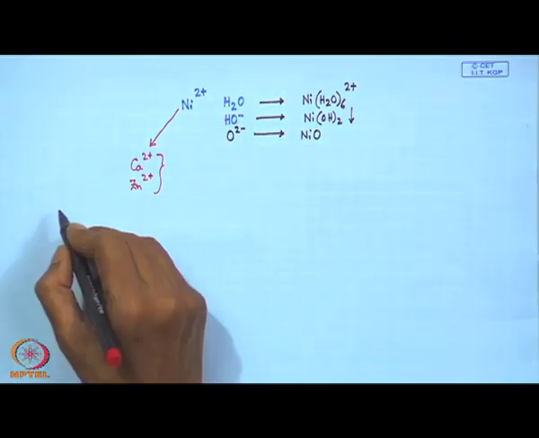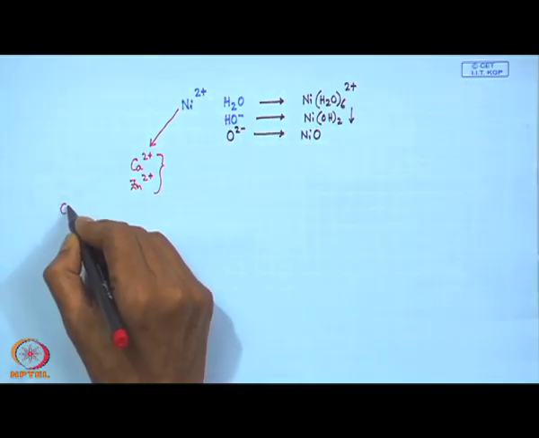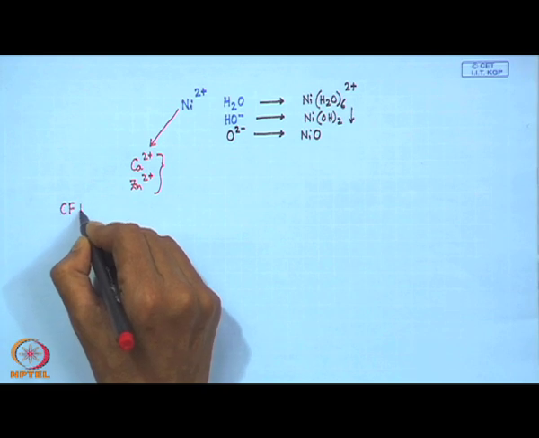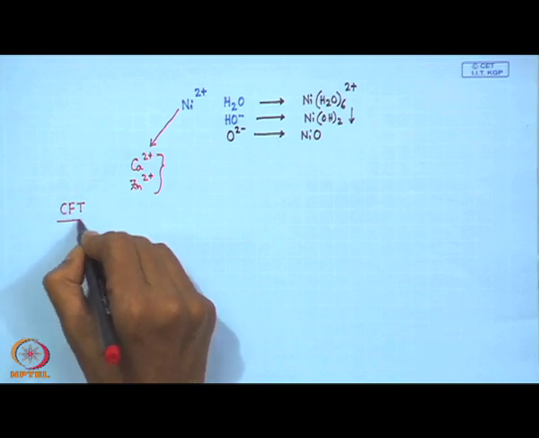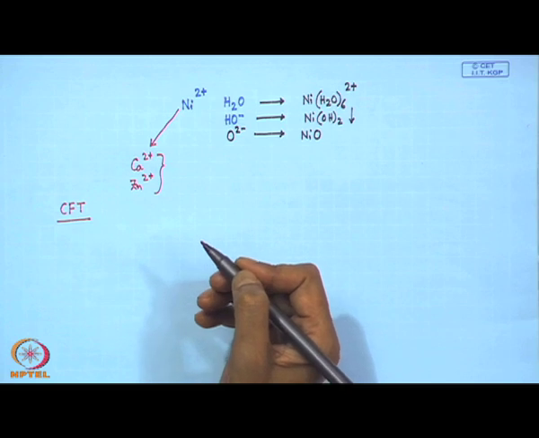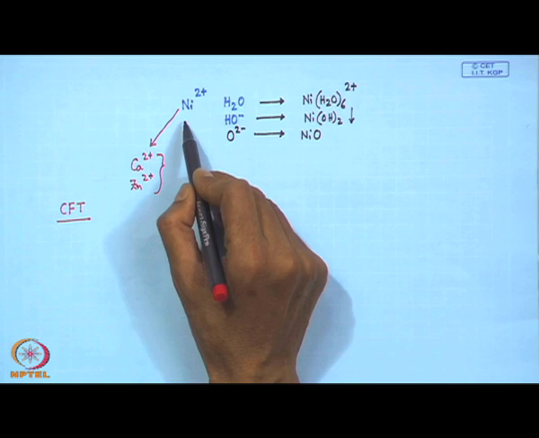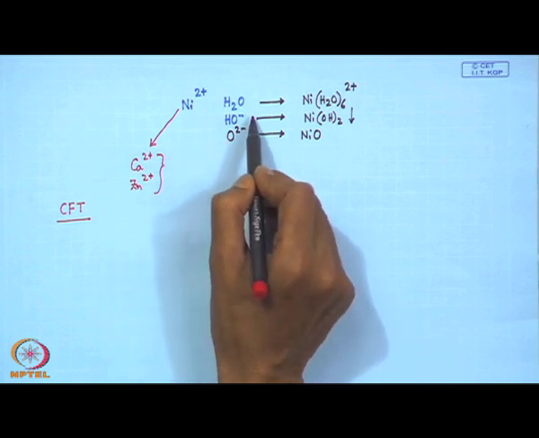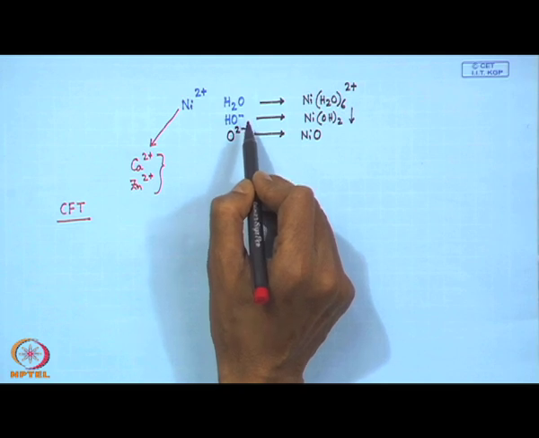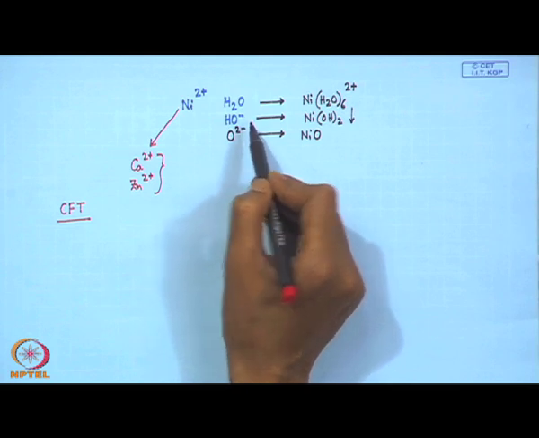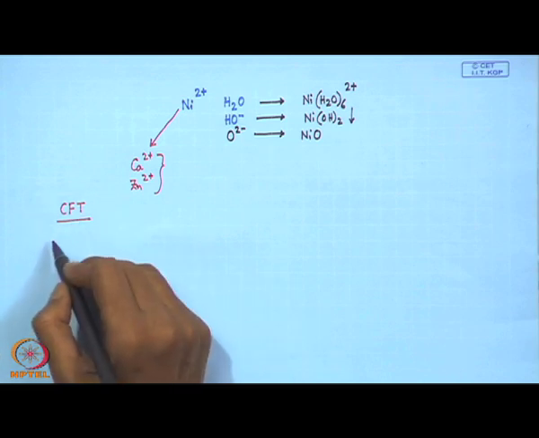So, we will apply whatever we have learned so far related to the crystal field theory, where we are considering the metal center as a point charge and the ligands are also point charges of negative magnitude, or the negative end of dipolar units which are interacting.